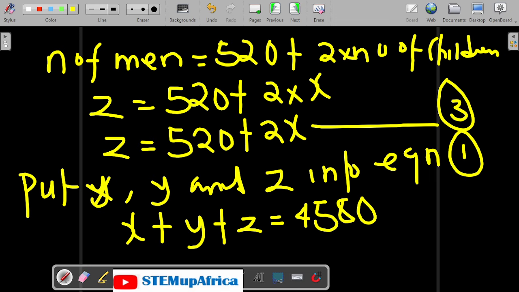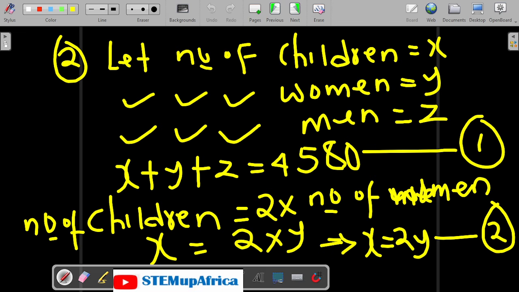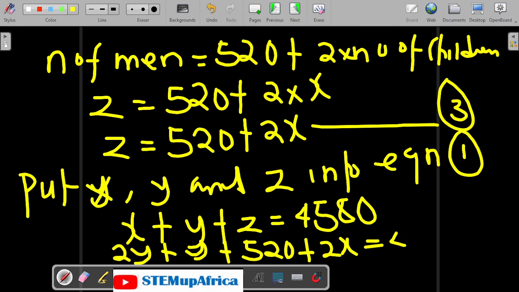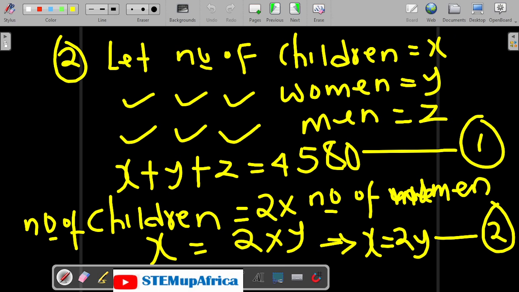So we already know x is 2y, then I have y, then z is 520 plus 2x. So in place of x, I have 2y plus y plus z, which is now 520 plus 2x, equals 4,580. So the equation is in terms of the variable y, which means I need to replace x with 2y from equation 2.